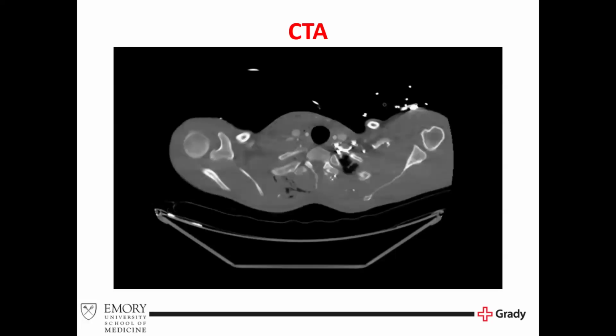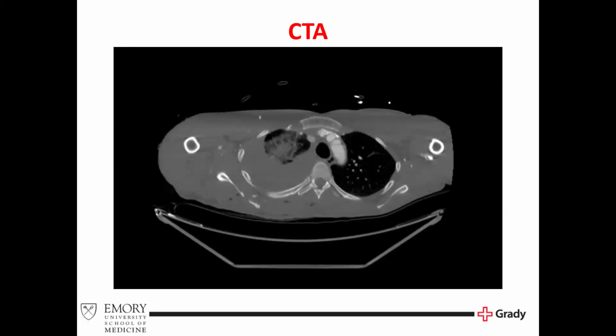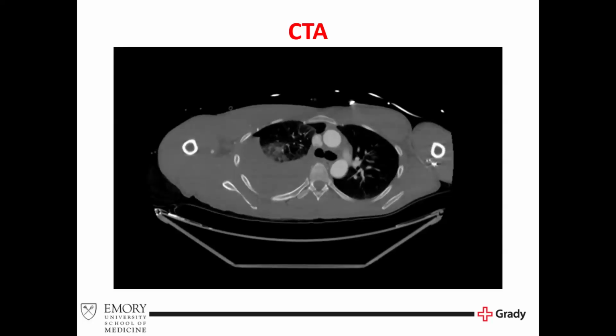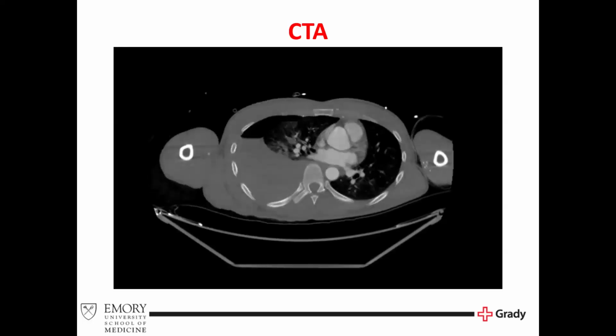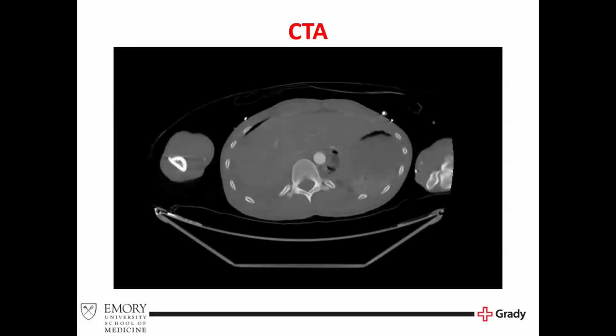So we took the patient to the CT scanner. As you can see, there is a blush in the proximal second portion of the subclavian, and the patient obviously does have a very large pneumothorax on the right. Of note, the needle decompression needle was in the correct spot.